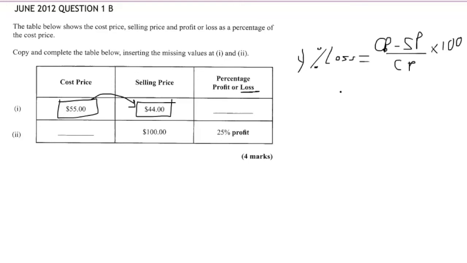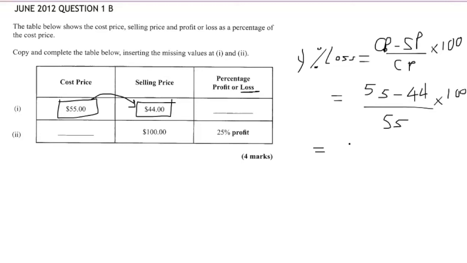For this, CP, which is the cost price, is $55 and the selling price is $44, all over the cost price, which is $55, times 100.